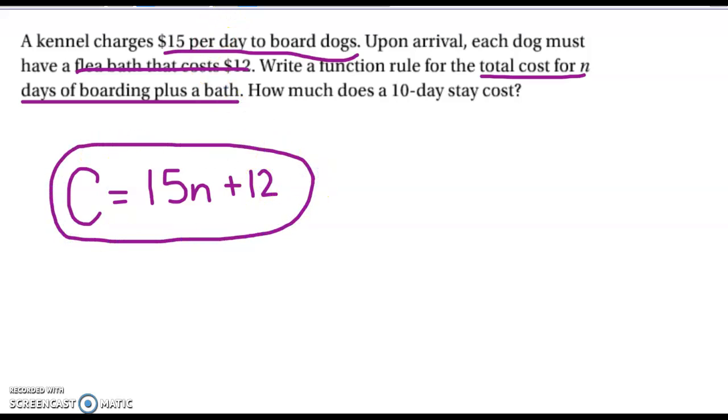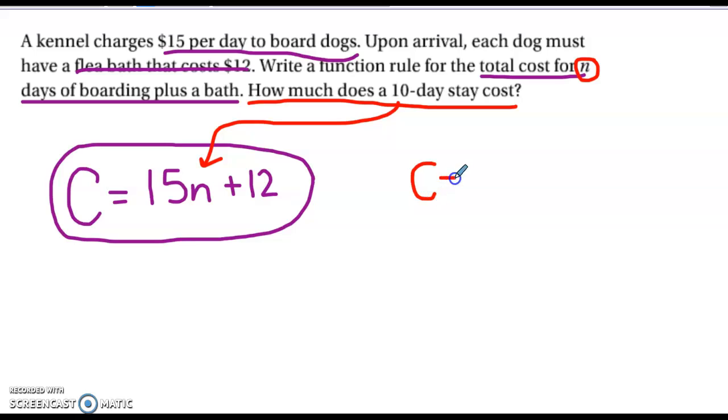Then once you have the function rule, you can figure out any situation. So we say, how much does a 10-day stay cost? Right? You can figure out a 20-day, a 6-day, a 2-day now that you have your function. So if it's a 10-day, well, n is our number of days, so we replace n with 10, right? So 10 goes in for n. So the cost of 10 days would be cost equals 15 times 10, and then we would add 12.